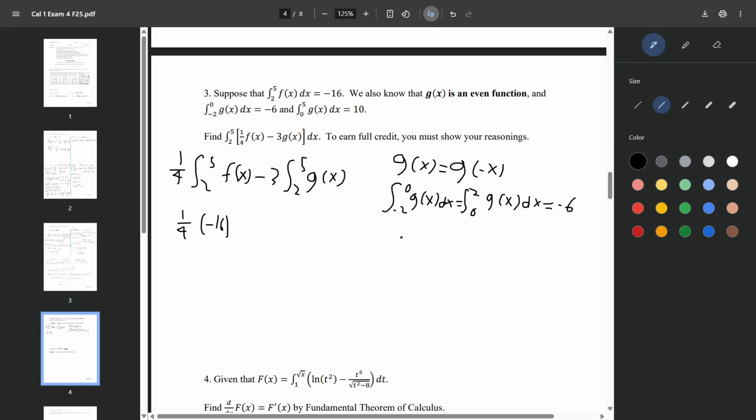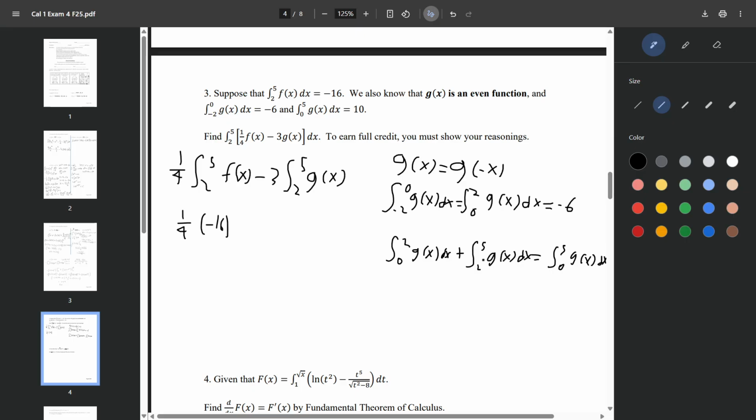And this works because the integral from 0 to 2 of g(x) dx plus the integral from 2 to 5 of g(x) dx equals the integral from 0 to 5 of g(x) dx. So as you can see, when we add these two integrals, we'll get the integral from 0 to 5 of g(x) dx.